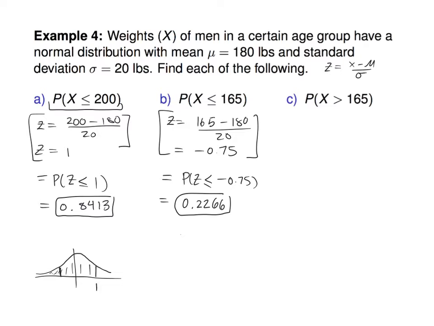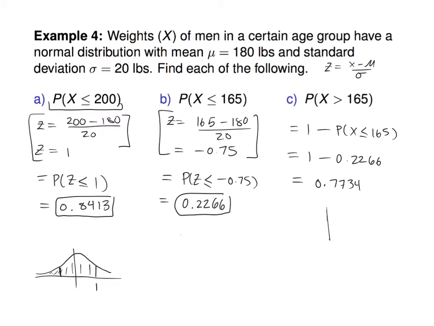Okay, C is related to B. This is 1 minus the probability that x is less than or equal to 165, which is 1 minus 0.2266, or 0.7734.